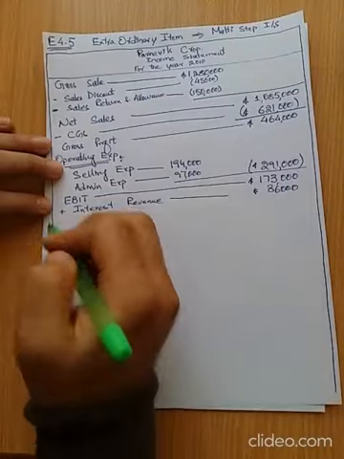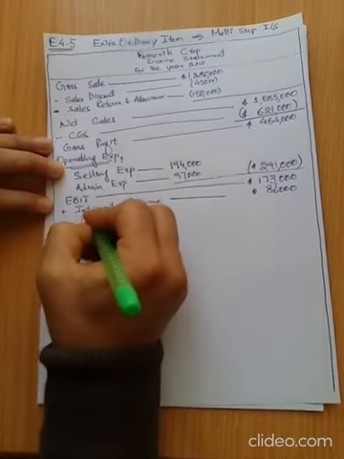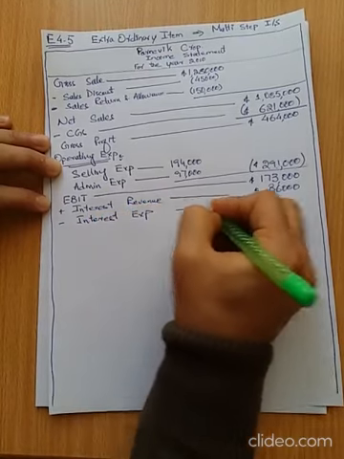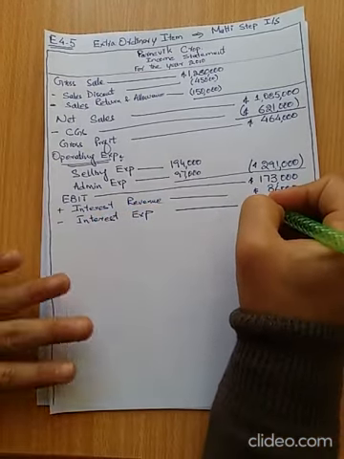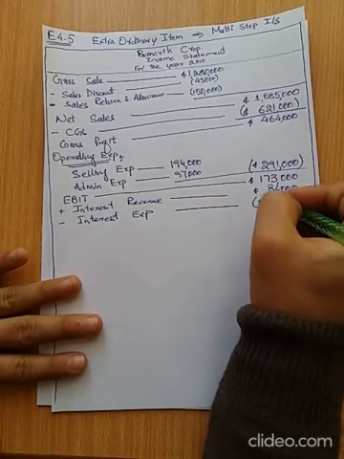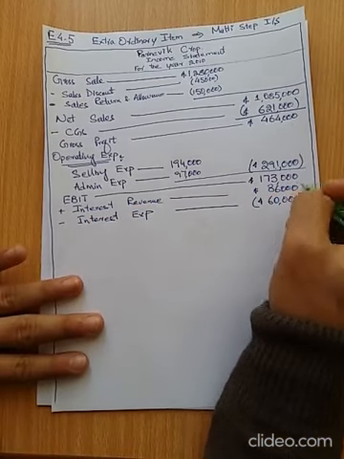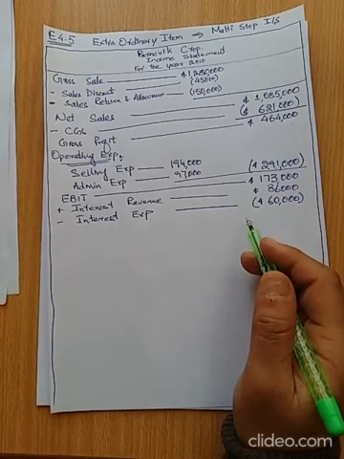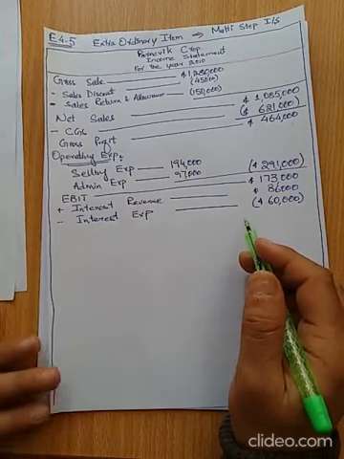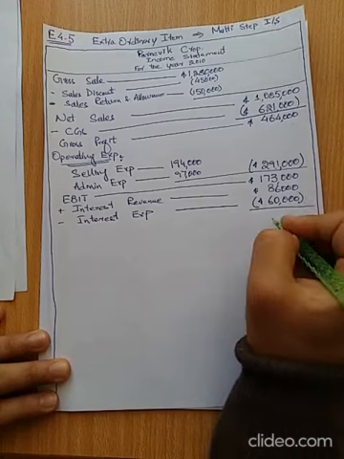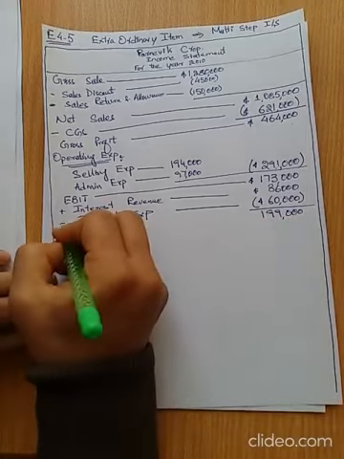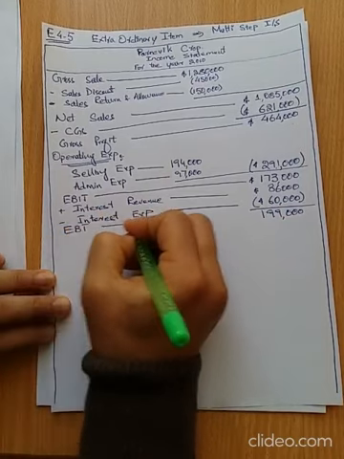So let me write it here, minus interest expense of $60,000. So let's add 86 and subtract 60. Once I do it, the remainder would be called my EBT. The remainder we have is $199,000. This is called earnings before tax.